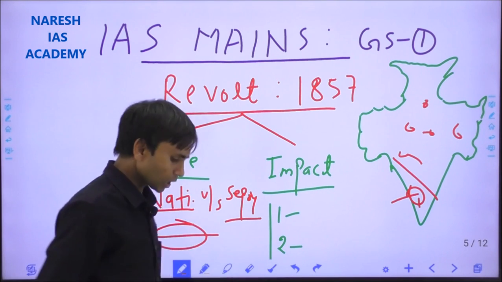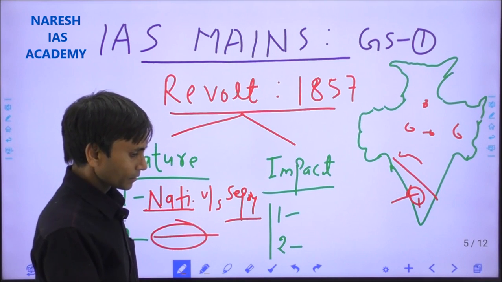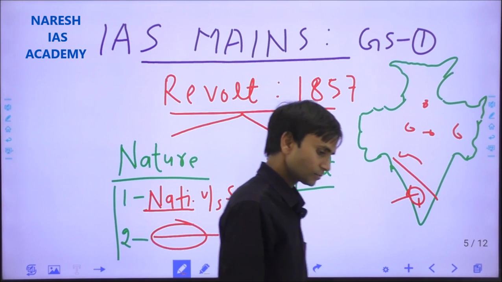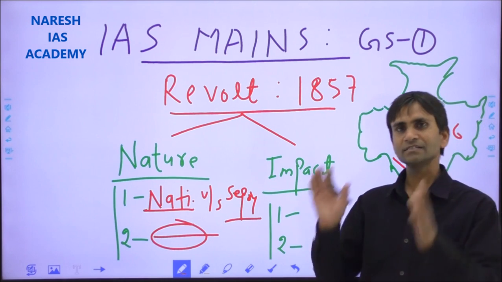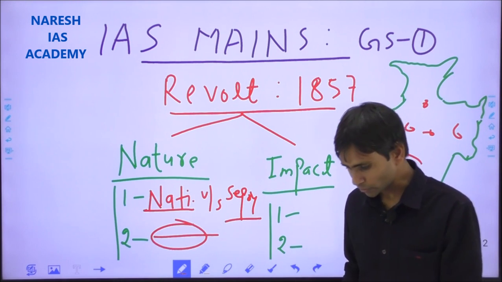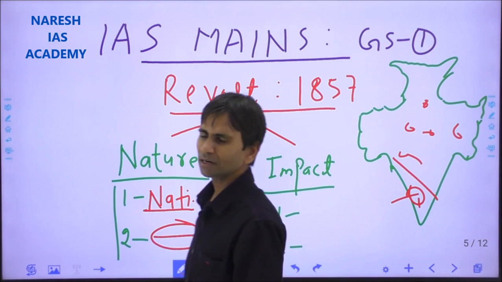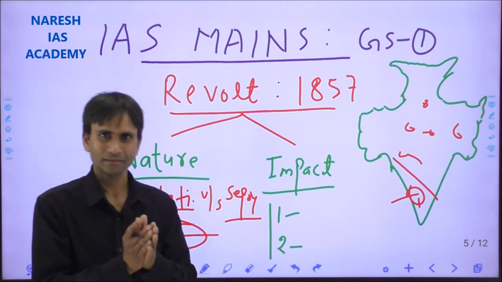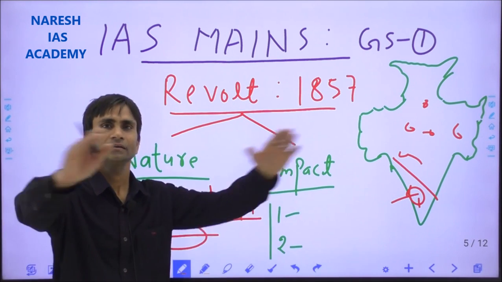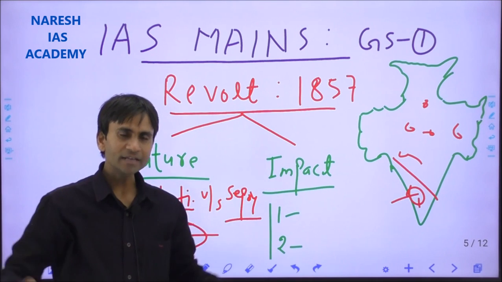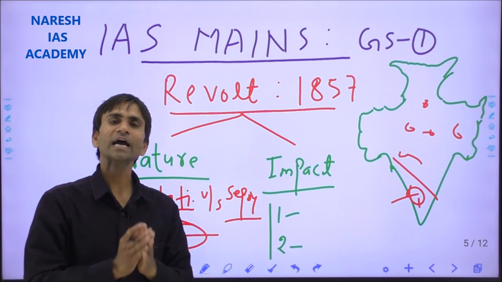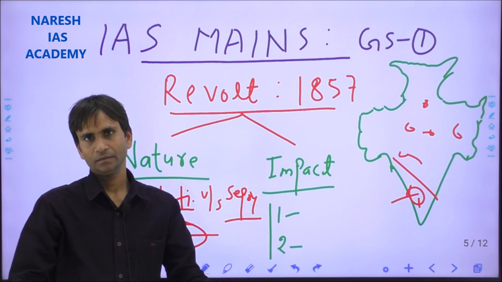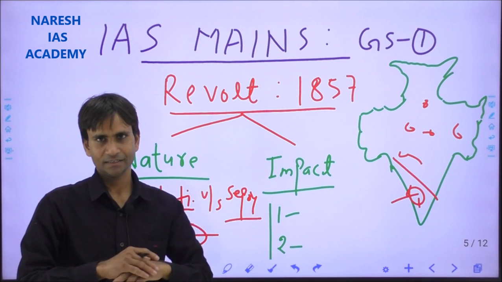Finally we have to conclude that the revolt of 1857 was neither purely nationalist nor absolutely sepoy. However, it had a mixed nature. Many geographical territories and different classes joined the revolt according to their vested interests.